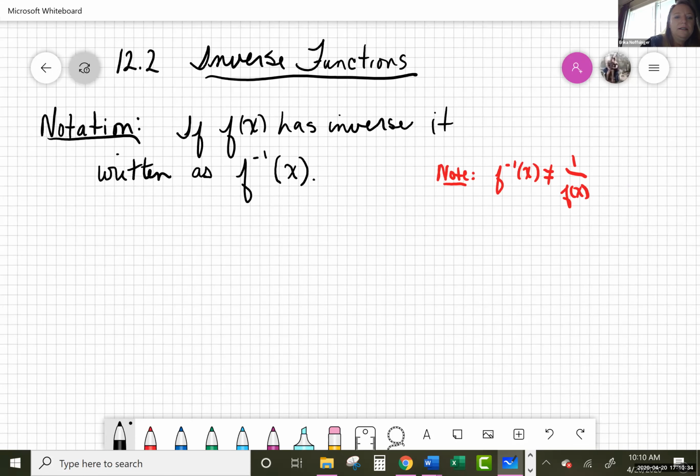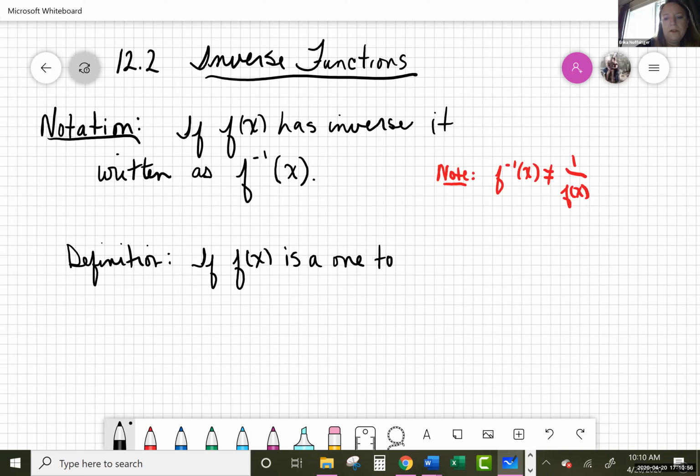And by definition, if f of x is a one-to-one function, and I'll explain what that means in a second. And so just notation for one-to-one, you'll see it as 1-1.